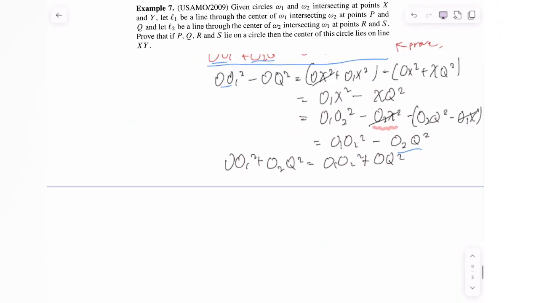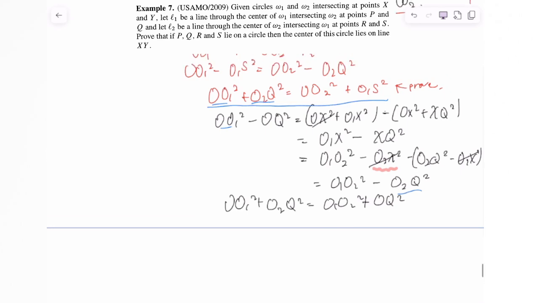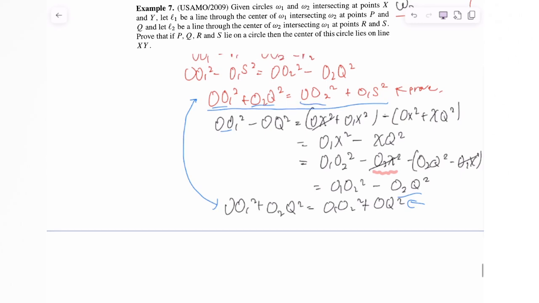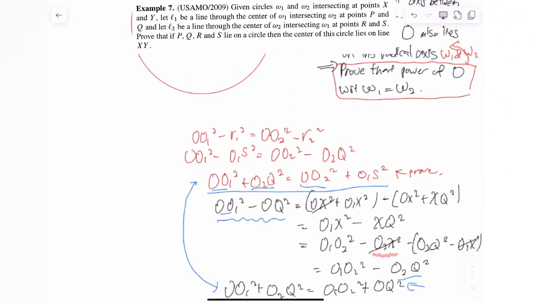Also notice what we need: to get from what we have now to what we want to prove, we're missing O2. So we can replicate what we just did in this step with O2 squared and something. Okay, so let's work on that.